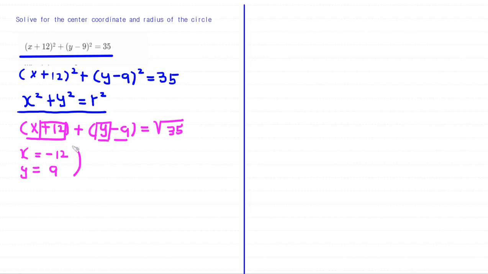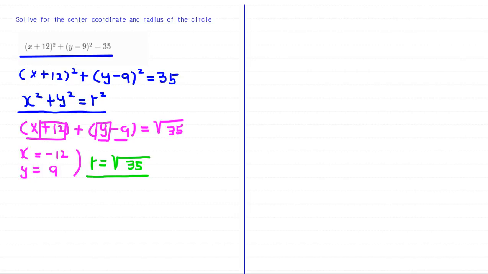We talked about this in the last video, the introduction of the center coordinate and the radius of the circle. If we put it together, the radius is going to be equal to the square root of 35. We can simplify this term more.